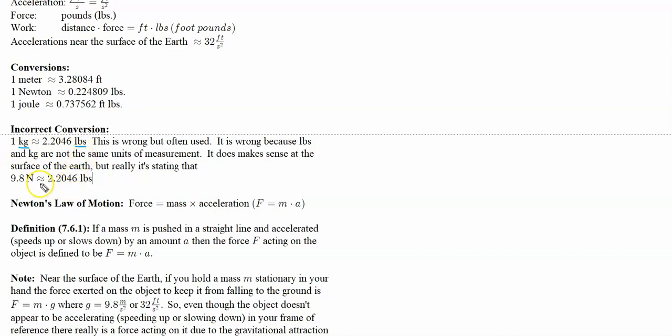But in reality, what we should say is, if you realize that a 1 kilogram mass at the surface of the Earth, if we use force equals mass times acceleration, mg, mass times the gravitational acceleration near the surface of the Earth, for a 1 kilogram mass, the force exerted on the surface of the Earth, if it's just sitting there, is going to be 1 times 9.81.